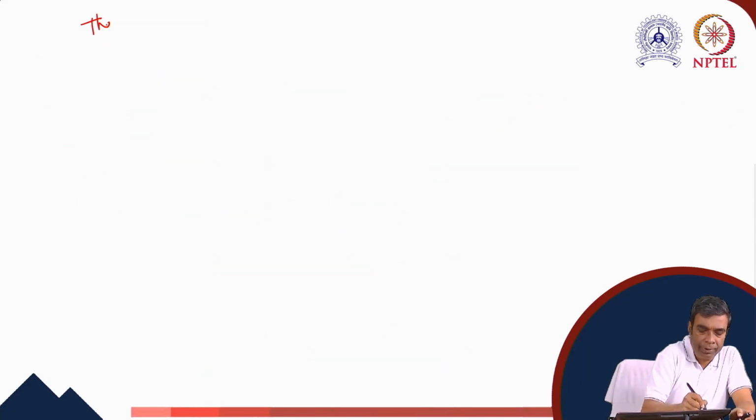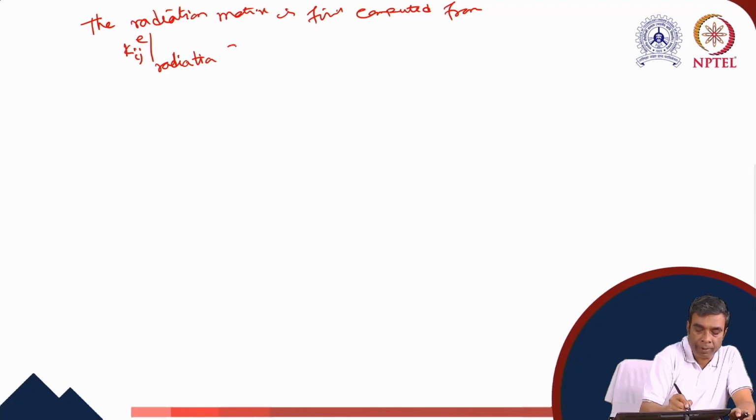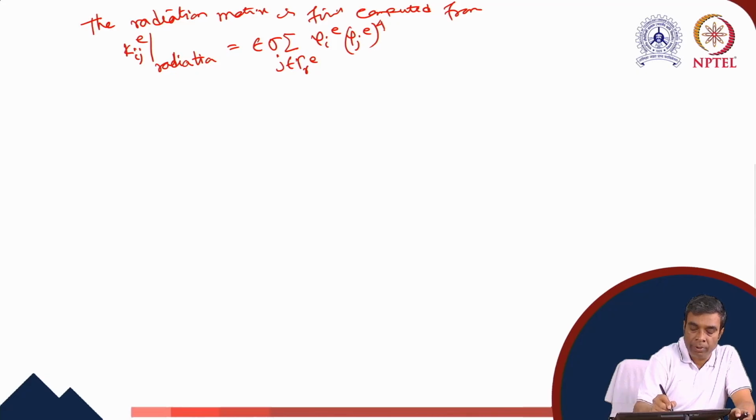So the radiation matrix is first computed from K IJE radiation equals to epsilon sigma into summation over j belongs to gamma RE, integral of psi IE psi JE to the power 4 d gamma RE.